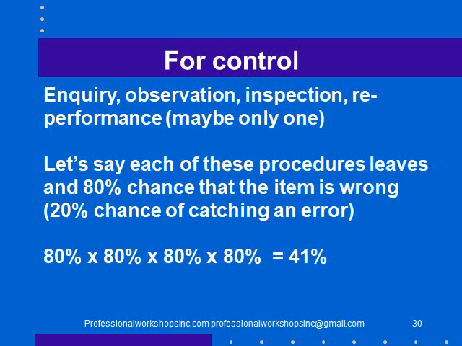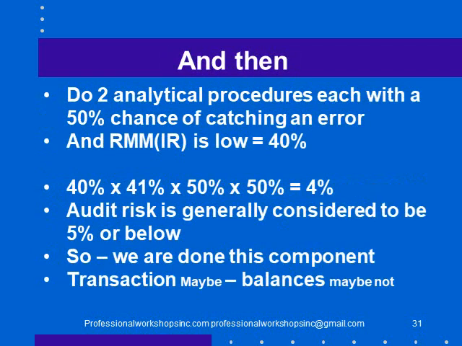So the procedure has a 20% chance of catching an error. Well, what the risk model says is 0.8 times 0.8 times 0.8 times 0.8 is 0.41. Okay? So actually 4 independent tests that don't really give you a lot of satisfaction each individually, because they combine this way, actually works out okay, gives you something tangible.